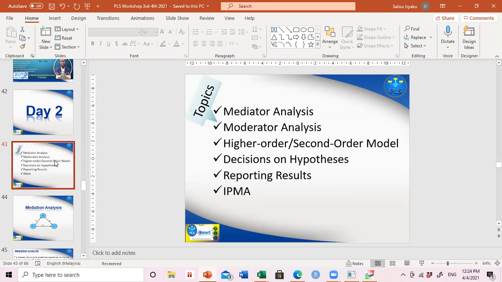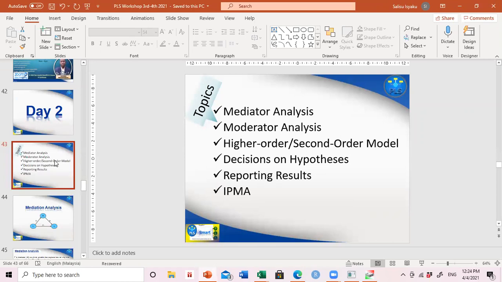It's very unlikely now that you can get a construct that is not tested, retested, and over-tested. So that is why, using a mediator or moderator, you can have an edge. Immediately you write, you make your argument very clear.